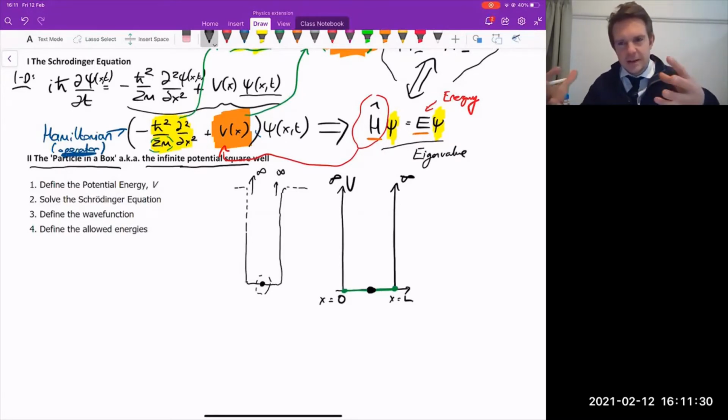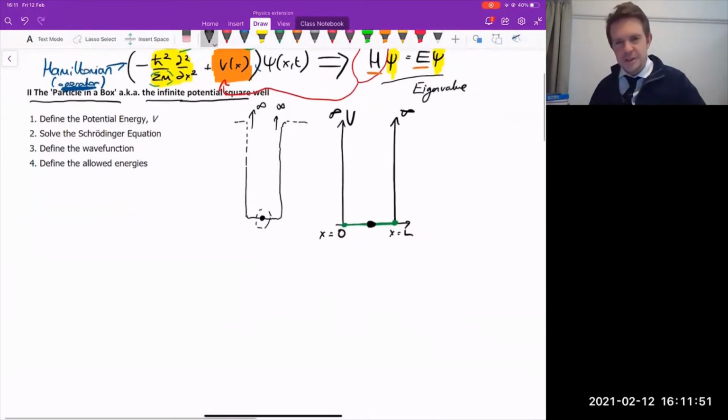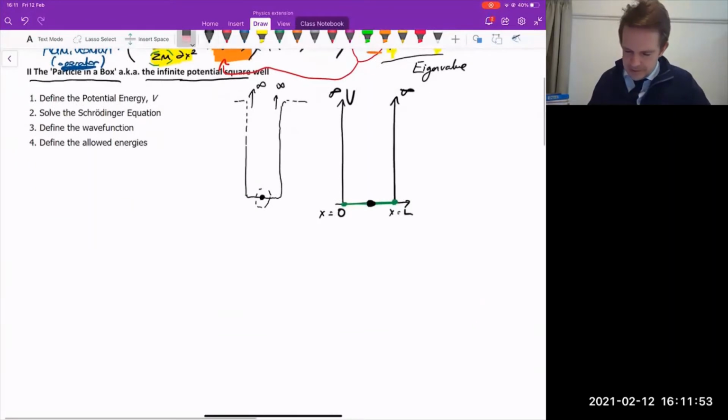In solids, often it's possible to contrive or approximate certain environments for, say, electrons as this particle in a box, a trapped electron. So it acts as an approximation for certain real physical situations. It's not just a complete fiction to help students understand quantum mechanics.